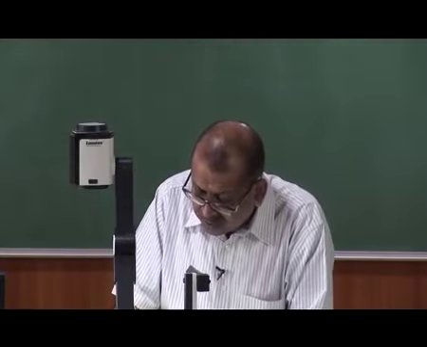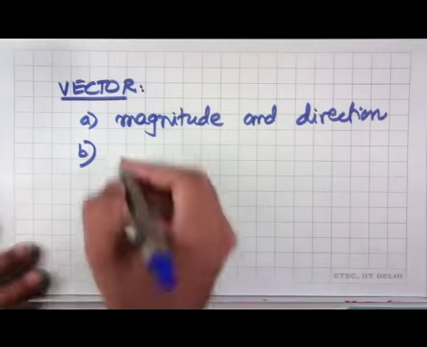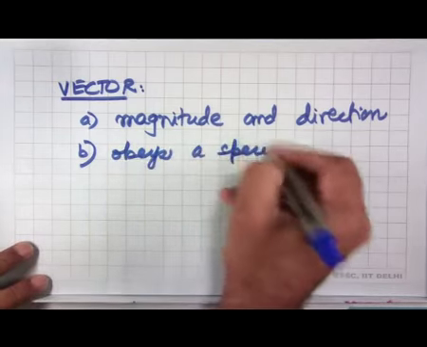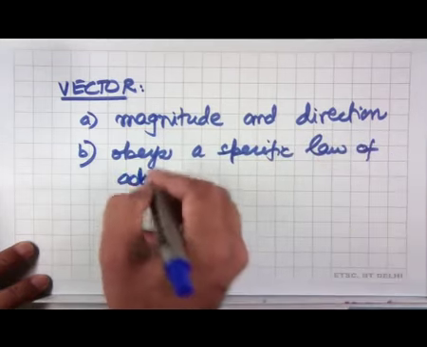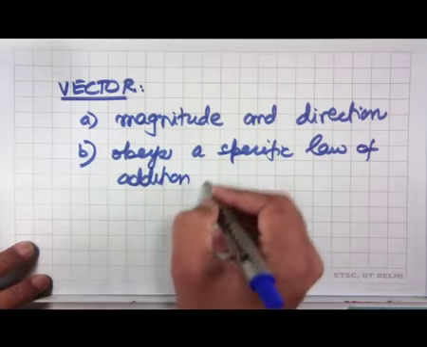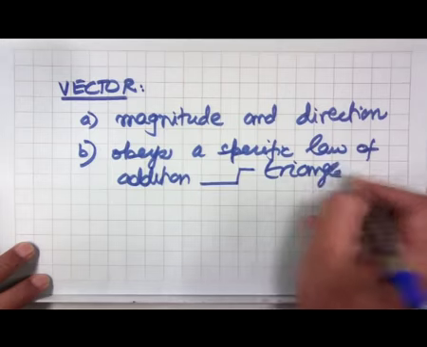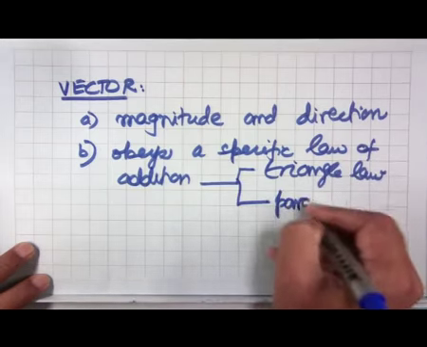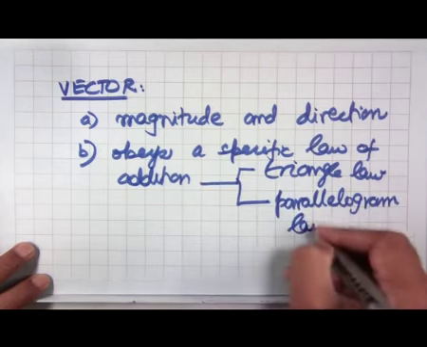And then there is a second property associated with a vector which is very important, and this is that it obeys a specific law of addition which I will describe, and this law of addition we can either call the triangle law, or we can call it the parallelogram law of addition.